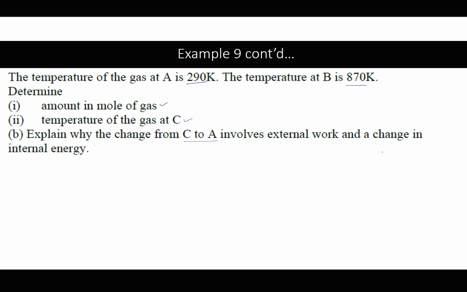It's like compressing a balloon. The volume decreases, it means you are doing work on the balloon, or on the gas in the balloon. Then for change in internal energy, the temperature at C was 560 and at A it is 290. Since there is a decrease in temperature, there is a decrease in internal energy because energy is leaving the system. I think at this point you qualify for a self-check.